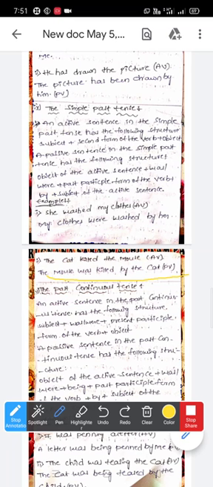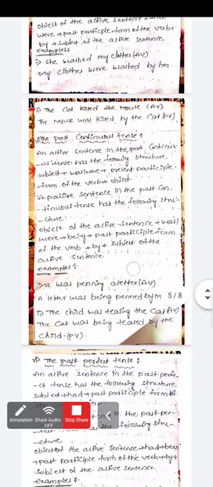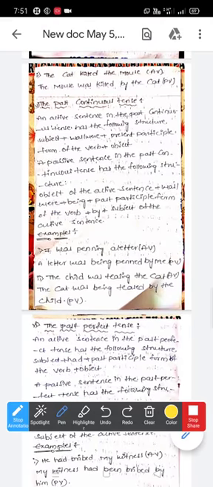Okay, then we are discussing the past continuous tense. This is the past continuous tense.